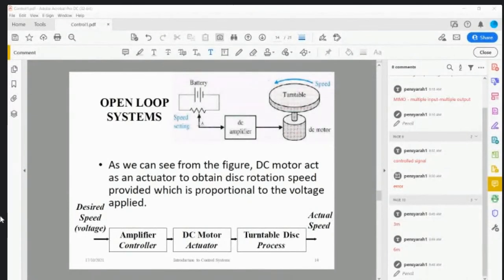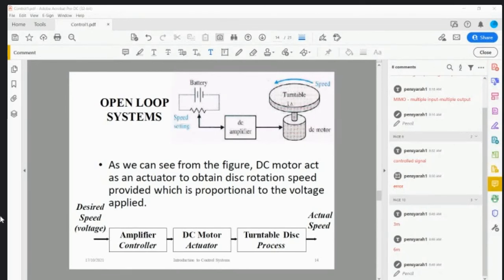Let's say we already calibrated it: 1 volt gives you 40 RPM, 3 volt gives you 80 RPM, and 5 volt gives you 100 RPM. That is the calibration for the motor. But the whole system is a combination of the DC motor and also the turntable.